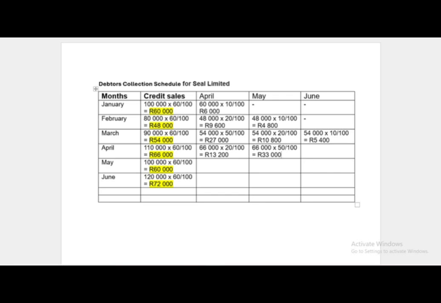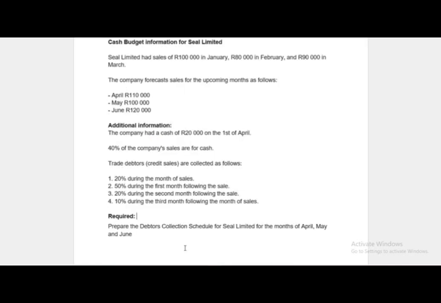Right. And then we are going to the second month following the month of sale. The second month following the month of sale is June. So what does the policy say? Because always you need to go back to the policy on how we collect.